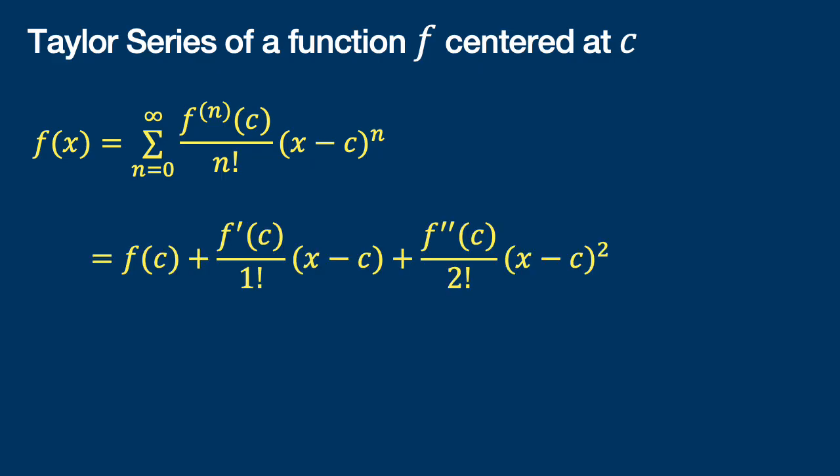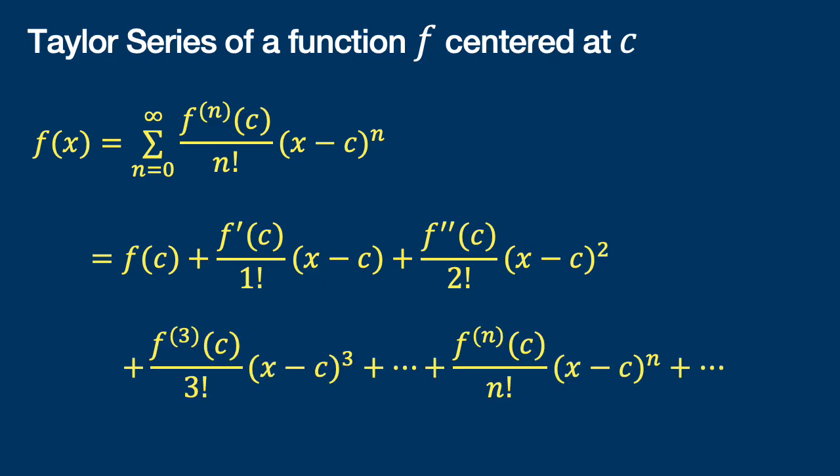Expand this series: f of C plus f prime of C over 1 factorial times x minus C, and so on, until the nth derivative of f at C over n factorial times x minus C to the n, plus it keeps going. Guys, look very carefully, this does not stop, it keeps going.